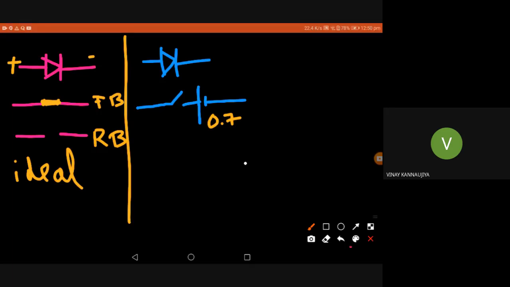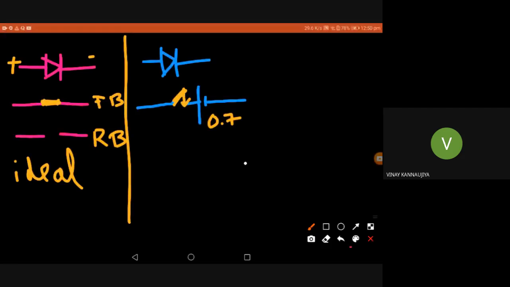Why is this happening? Because of the barrier potential. When we give a PN junction diode a positive at the anode and negative at the cathode, a junction and depletion region are formed, and there is an inbuilt potential. This 0.7 is used to overcome the inbuilt potential, and then the switch is on in forward bias.